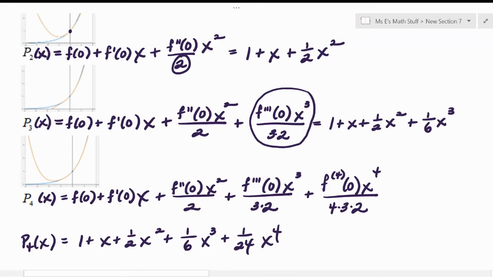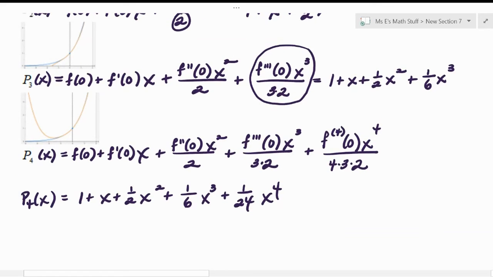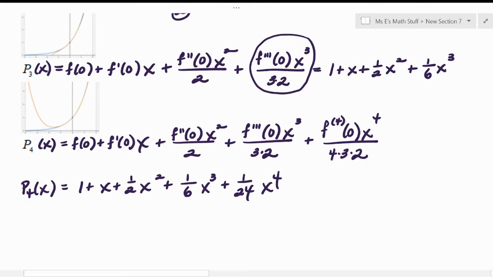And how many terms would we need to make it so our polynomial is e to the x and doesn't have any of these big errors that you'd have? That's right, we would need infinitely many terms, which is where we'll go eventually with all this stuff. But infinitely many terms is not nearly as scary as it sounds, right? Because it's just a matter of establishing a pattern and then throwing on a plus dot dot dot. So it's no big deal. So hopefully that makes sense.